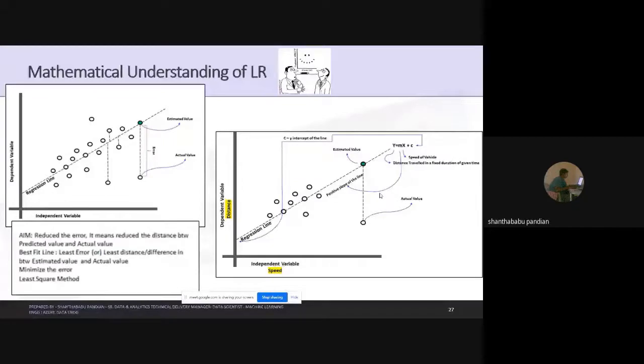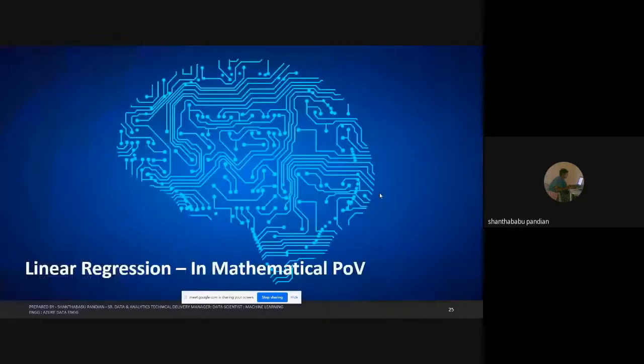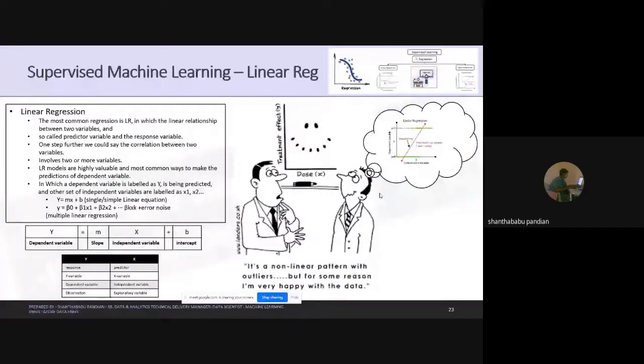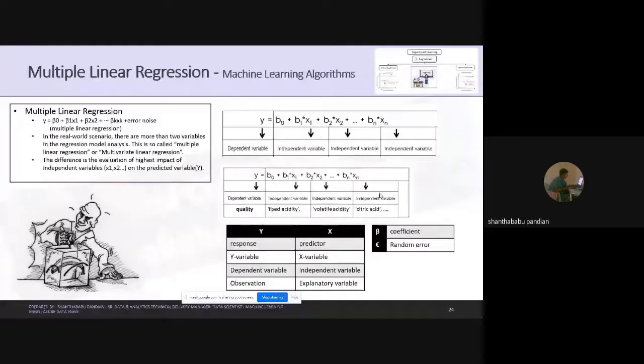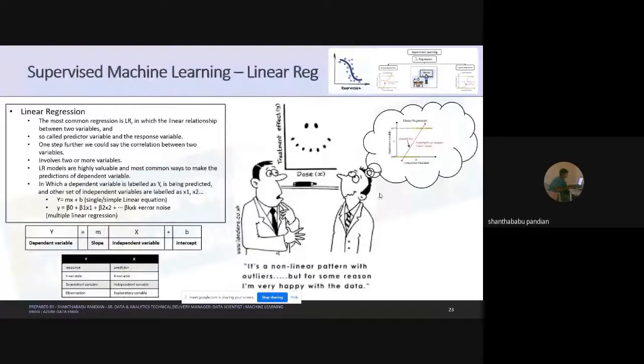Okay, so last class we said linear regression is going to be single-variable, simple linear regression, as well as multi-linear regression. Simple linear regression is just one-to-one.